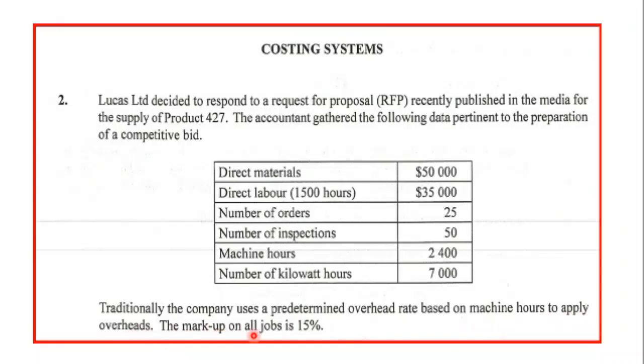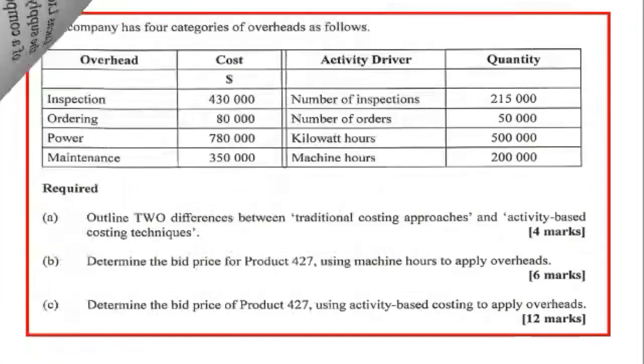The markup on all jobs is 15%. So we get the machine hours. This one is for job 427, so we wouldn't be taking this one here. The one we will be taking is the machine hours here, 200,000 for the whole year.